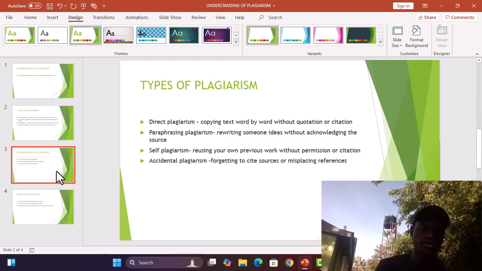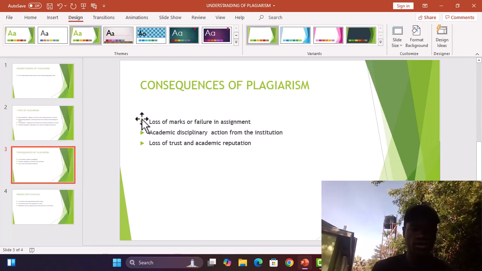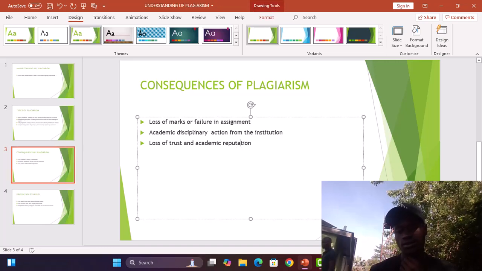The first is loss of marks or failure in the assignment. Also, there is academic disciplinary action from the institution. The third consequence is the loss of trust and academic reputation.